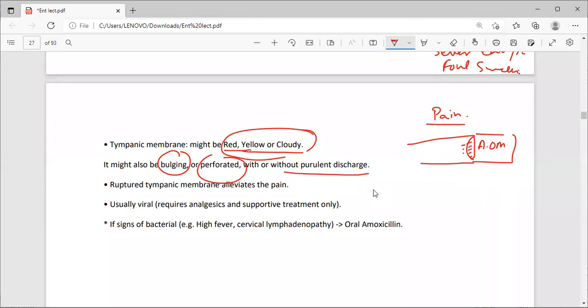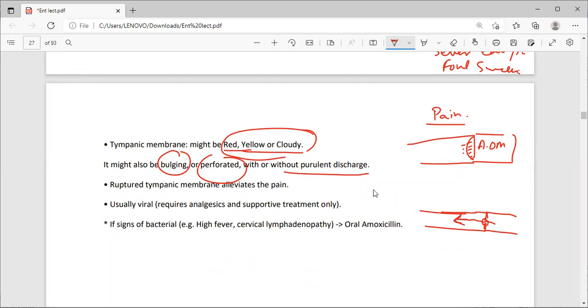But if the patient tells you that a few days ago I had severe pain, but now the pain has subsided, and when you check the tympanic membrane, it has ruptured, and the fluid or pus is oozing out from it.